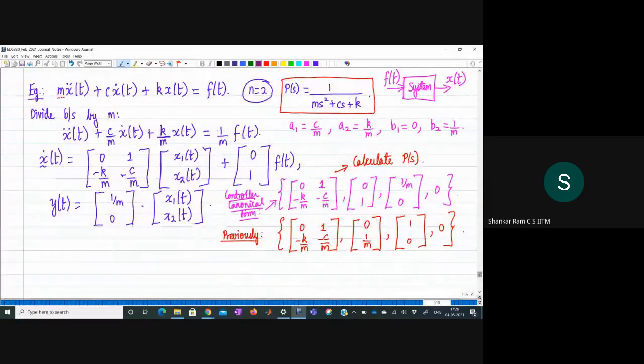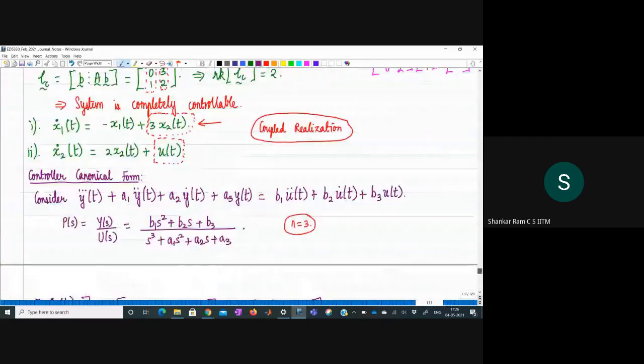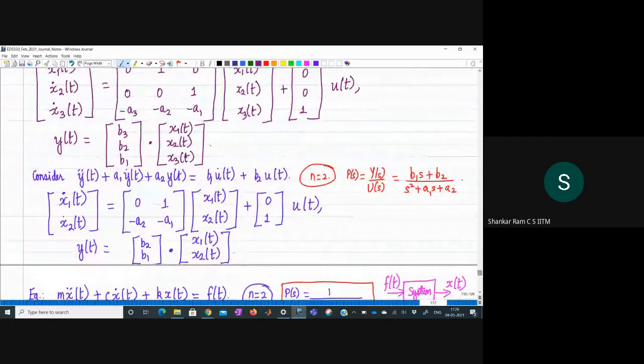For a system of order 2, this is what we wrote. If we have a second order system whose governing equation is y double dot t plus a1 y dot t plus a2 y of t equals b1 u dot t plus b2 u of t, the state matrix became 0, 1, minus a2, minus a1. The input vector is 0, 1. The output vector became b2 and b1. So this is the controller canonical form.